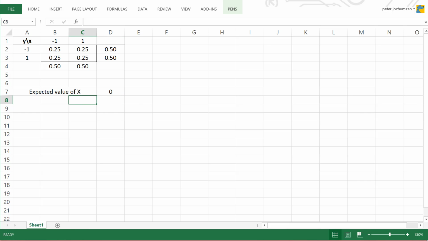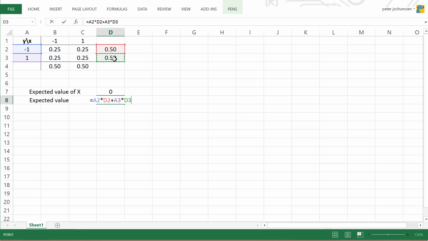Similarly, the expected value of y, let's change this to y, is then equal to, can take -1 times this probability plus 1 times this probability.